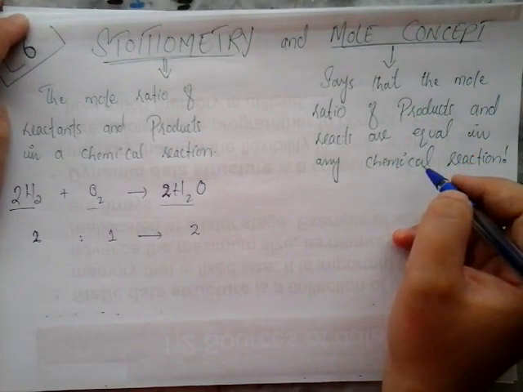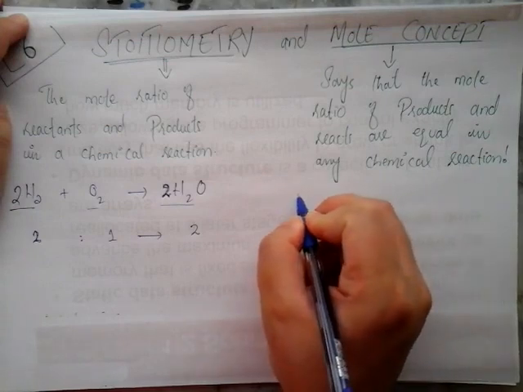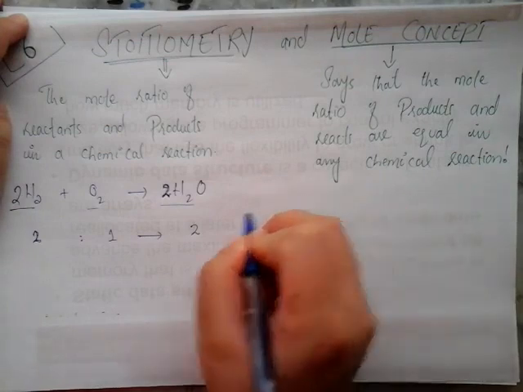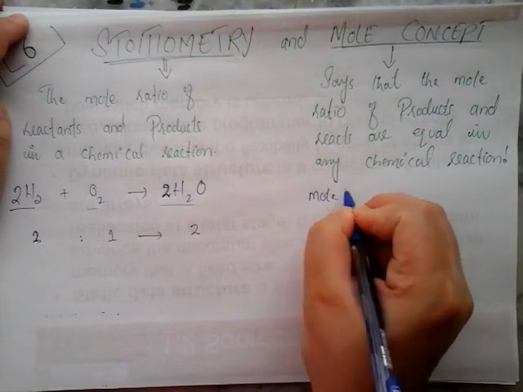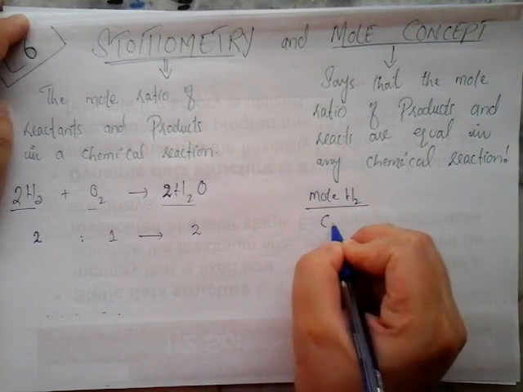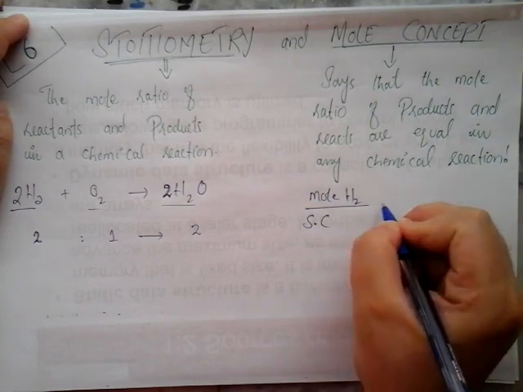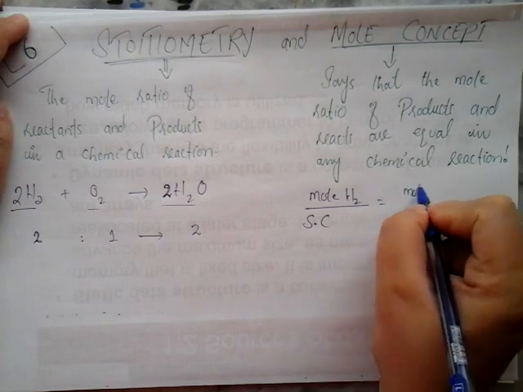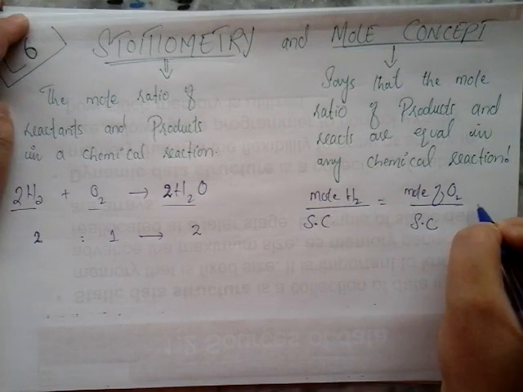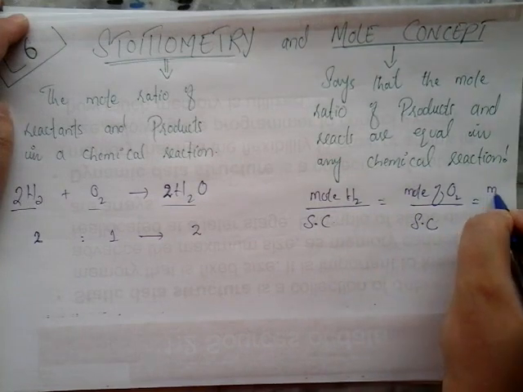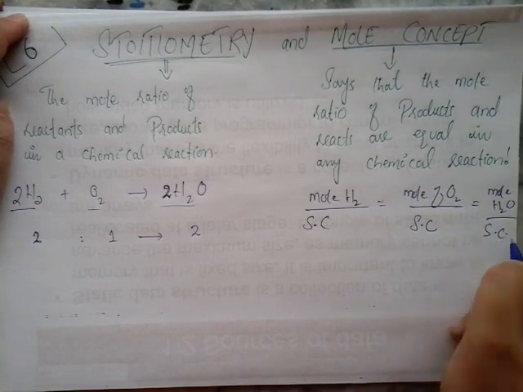it says that the mole ratio of the products and reactants are always equal in any chemical reaction, and we can do this through this formula. For example, mole of hydrogen divided by its stoichiometric coefficient, represented as Sc, is equal to mole of oxygen divided by its stoichiometric coefficient, is equal to the mole of water divided by its stoichiometric coefficient.